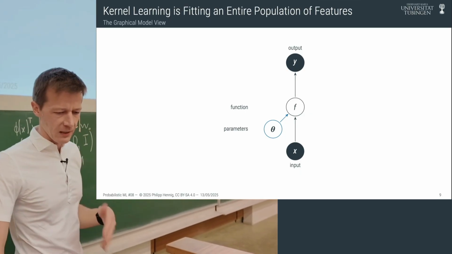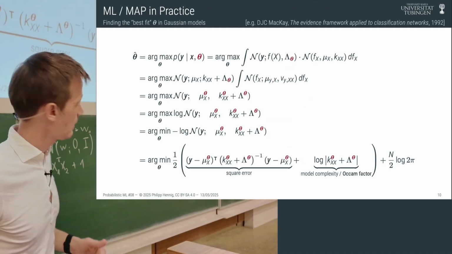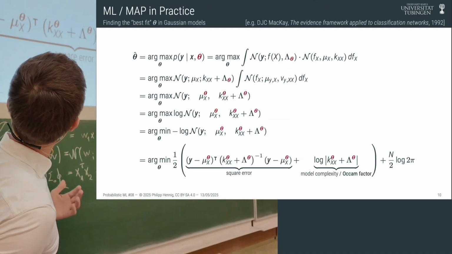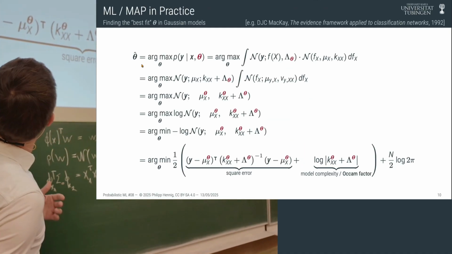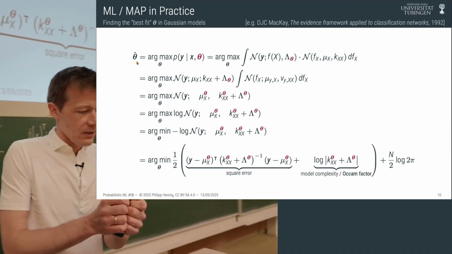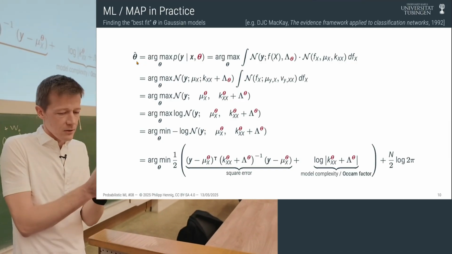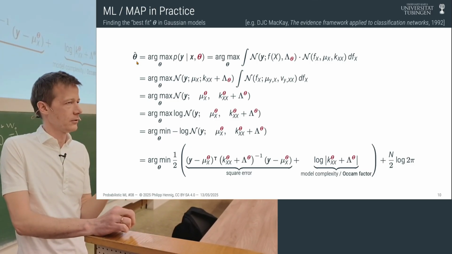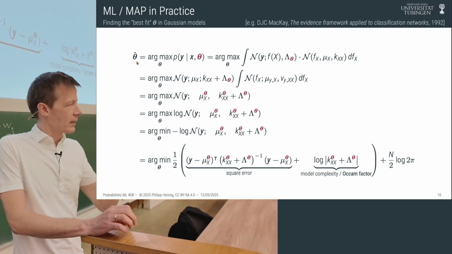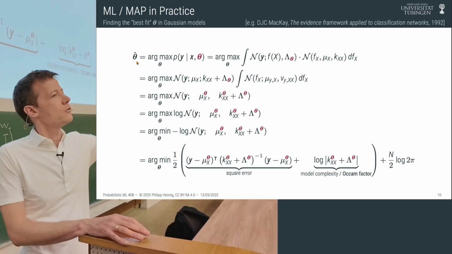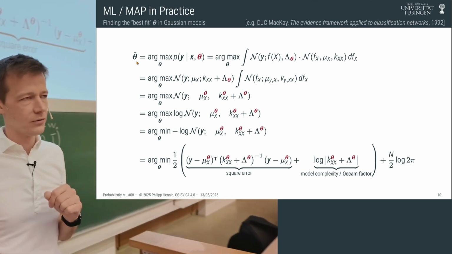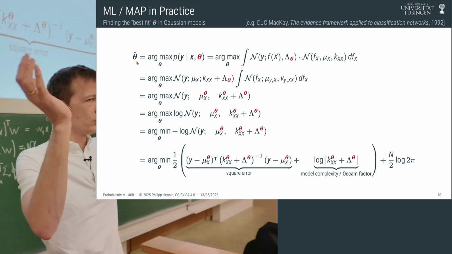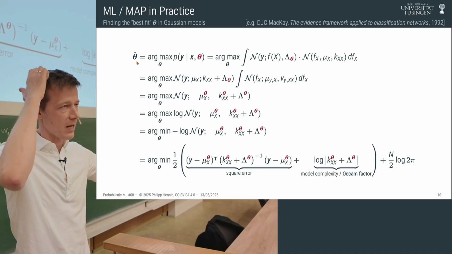So, okay, what does this explicitly look like for Gaussians? If our goal is to find the mode of this marginal likelihood, we can think a little bit more about how we actually translate this into our Gaussian.py library.